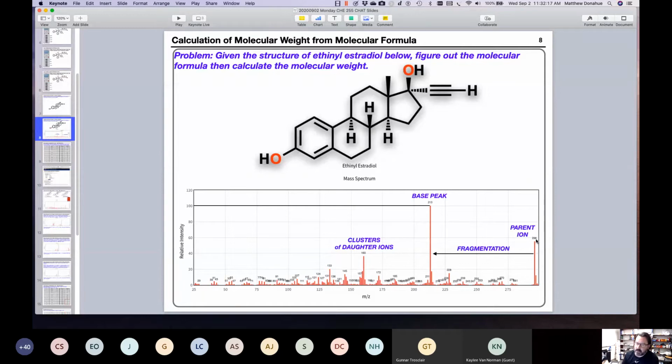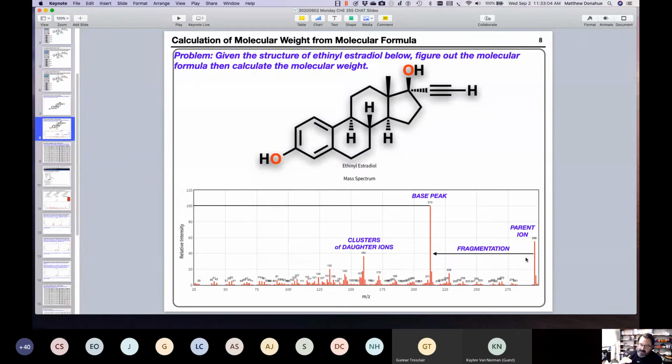The mass of the intact molecular formula is called the parent. So the parent ion at 296 corresponds to the molecular formula. This peak, or signal, at 296, that's what we calculated. That includes every atom of the intact molecular formula. So what about all these other red lines, these signals we see in this mass spectrum?